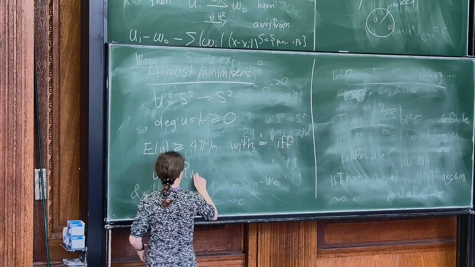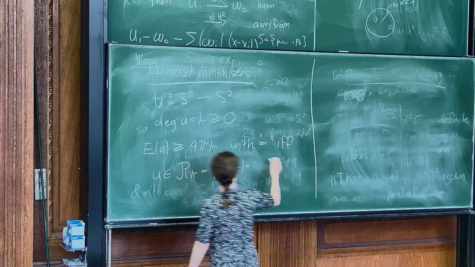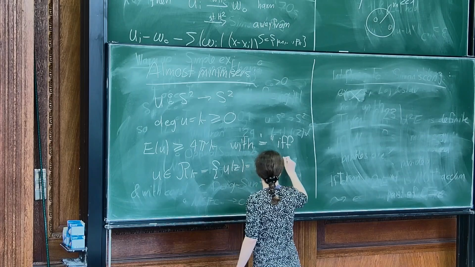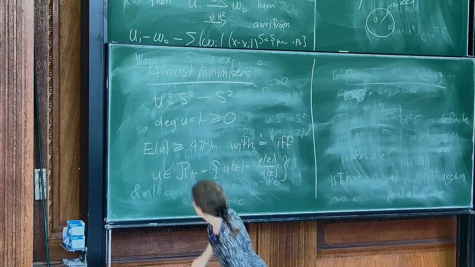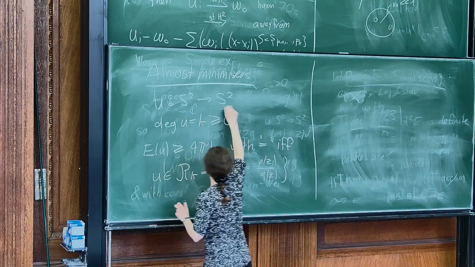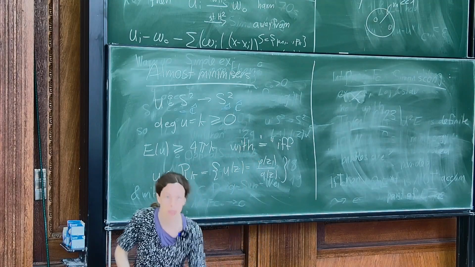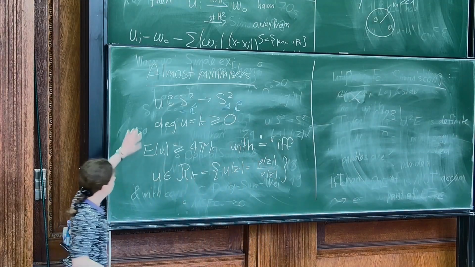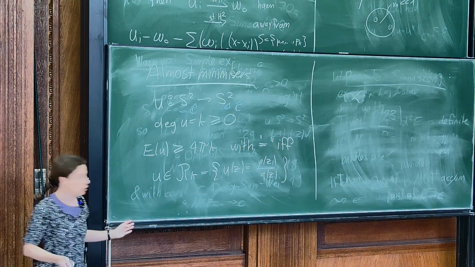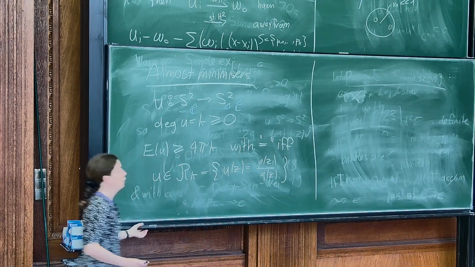I'm calling this R_k, which are basically U of z equals a polynomial of z divided by another polynomial of z, if I view this S2 here as C hat, the complex extended plane, using stereographic projections. So in this case, minimizers are simply meromorphic functions. The maximum degree of the polynomial corresponds to the degree.